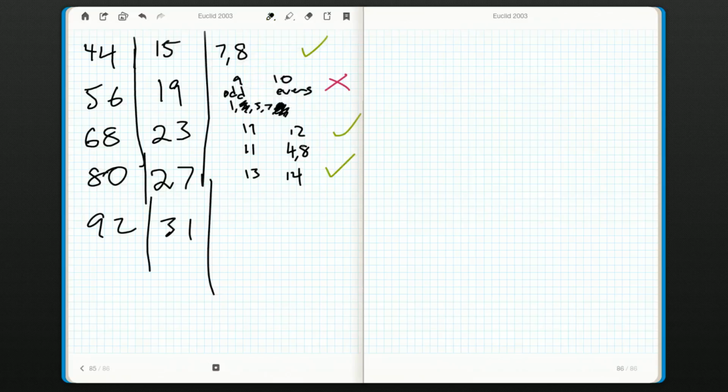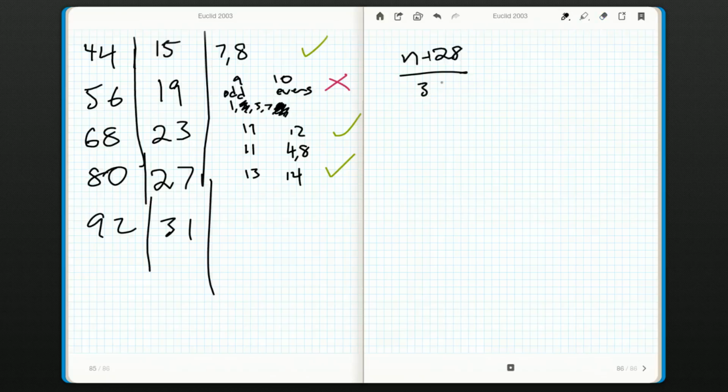So I'm noticing a pattern. It goes 2, then not, then 2, then not, then 2, then not. So I think to be savage, we probably need n plus 4 to be a multiple of 36, something like that. No, not quite that, because 8 doesn't satisfy that. So maybe something like n plus 28 must not be a multiple of 36.